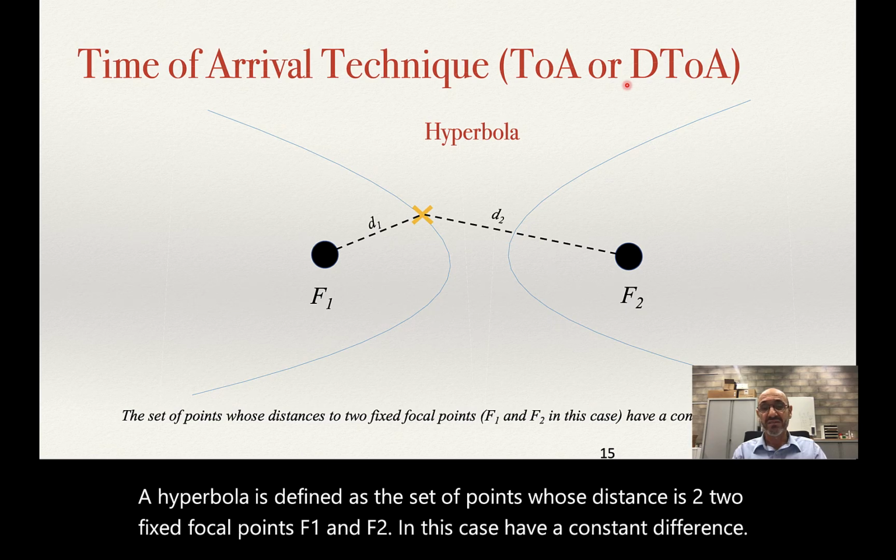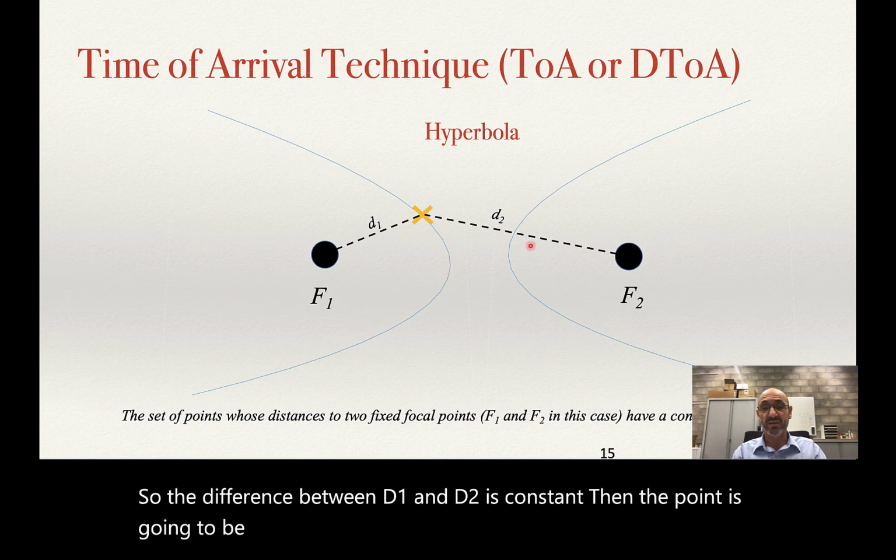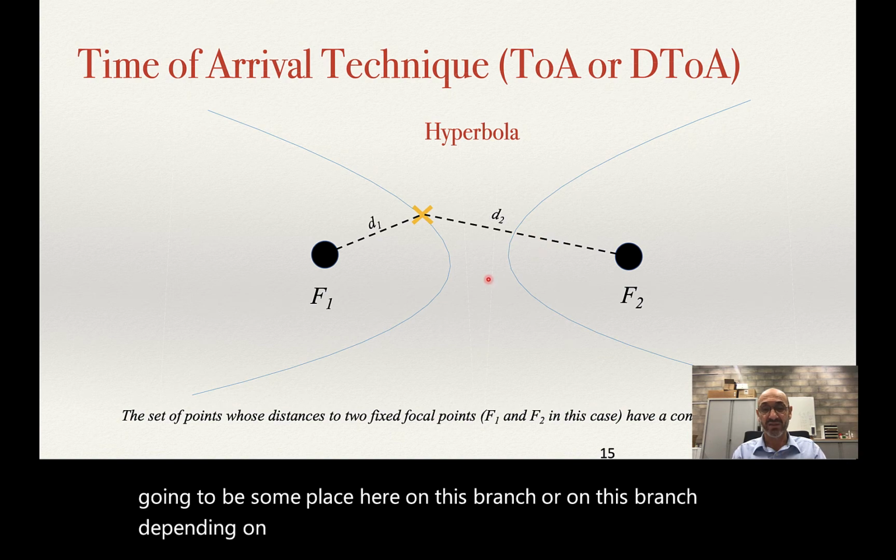So if the difference between D1 and D2 is constant, then the point is going to be someplace on this branch or on this branch, depending on the sign of that difference.